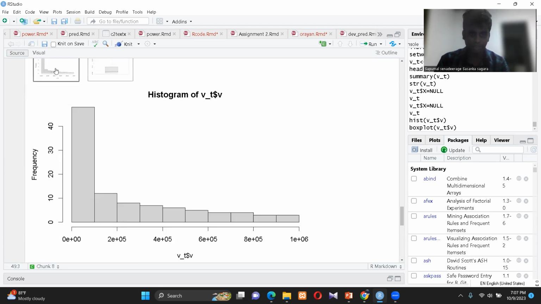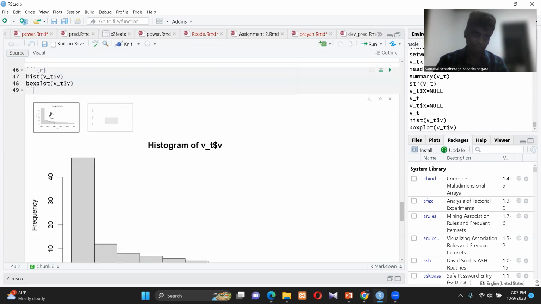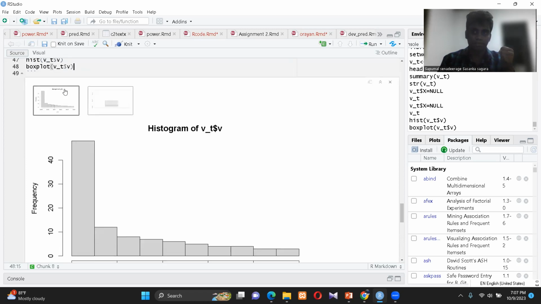It's like this. It is skewed right. It looks like the density plot is skewed right too much, and it seems like it is going to be given with an exponential distribution, which is the velocity, right?